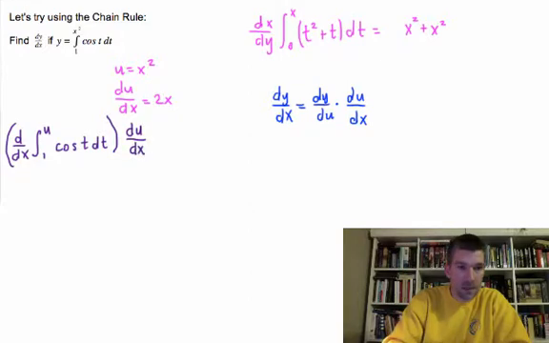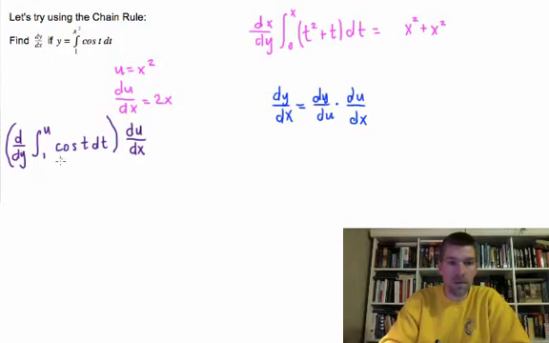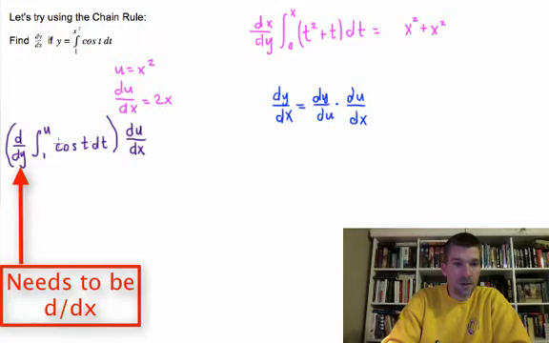And this should be d du of all our u's times du dx. Well, we can do this guy. This is just going to be cosine of u, and then times du dx, which is going to be 2x.